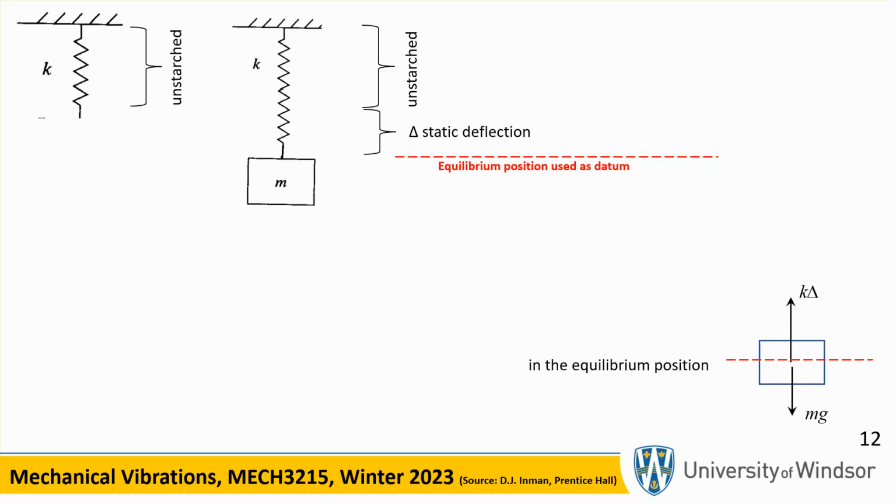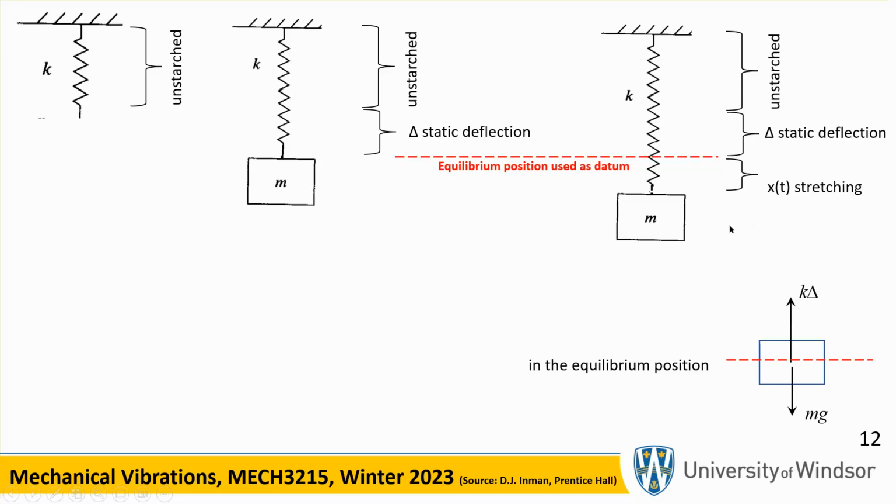Then I'll show you that in this problem the contribution due to gravity is just going to disappear, which we already know because in a mass spring system like this, g is not important and should not appear.